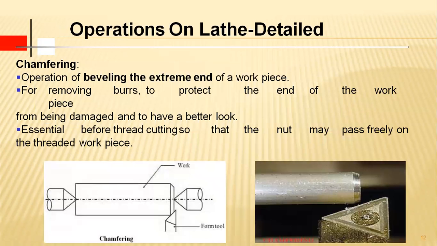So what other operations can be considered on this lathe machine? Chamfering. What is meant by chamfering? It is the operation of beveling the extended end or extreme end of a workpiece. So beveling needs to be done at the edge positions of the work part by the tool.